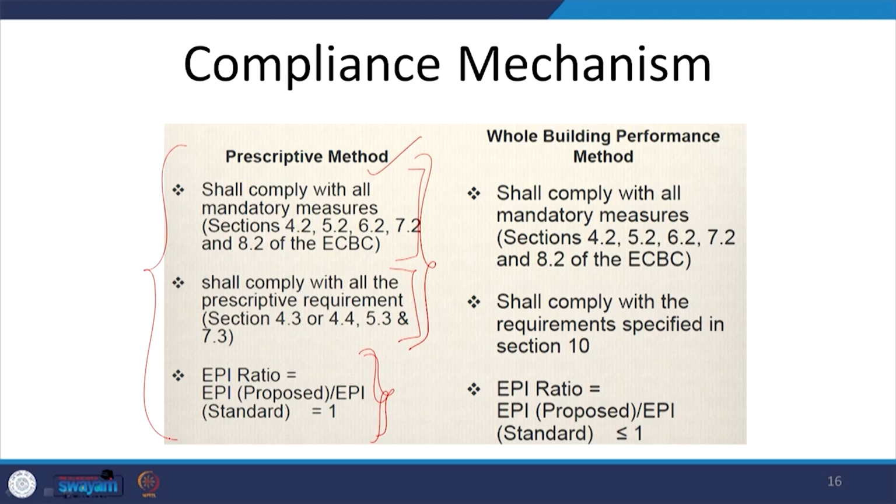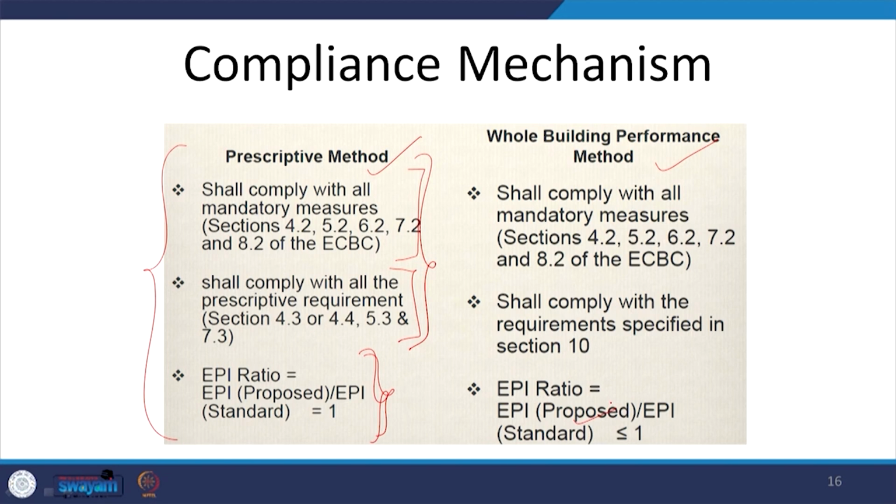the prescriptive method. While the second method is the whole building performance method, here the entire building could have various performance parameters. We could change both the active systems as well as passive systems, and internally we could make all those changes in the proposed building, but in the end the EPI, energy performance index, of the proposed building should be better than that of the base case or the standard building.